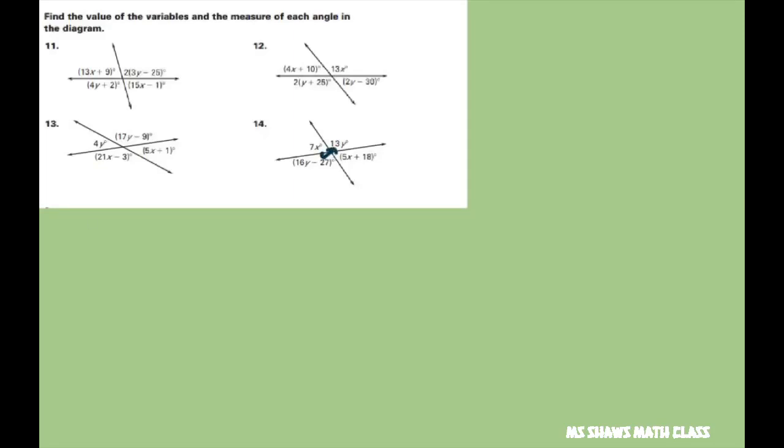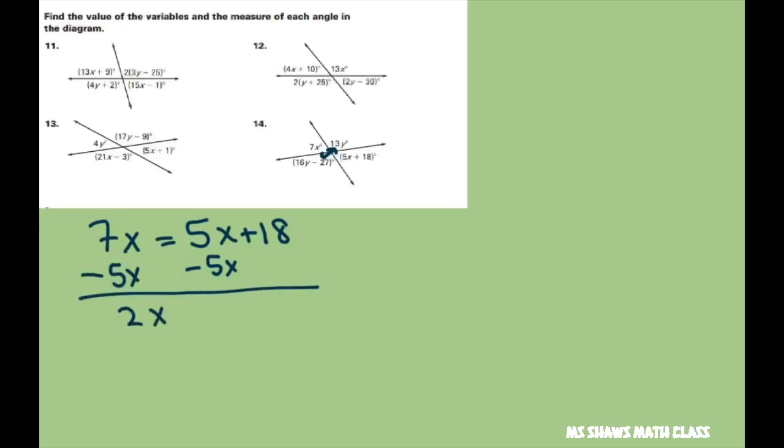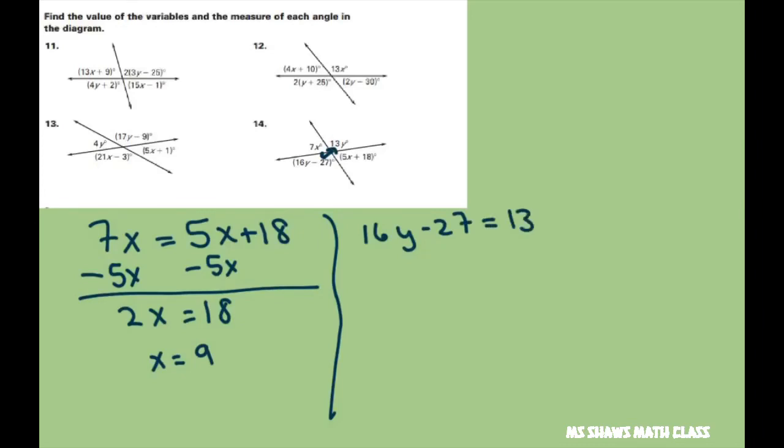And then for the last one, we have the vertical angle thing again. So we're just going to set them equal to each other because vertical angles are congruent. Subtract 13 from both sides. So you get 2x equals 18. So x equals 9. And then for your y, you have 16y minus 27 equals 13y.